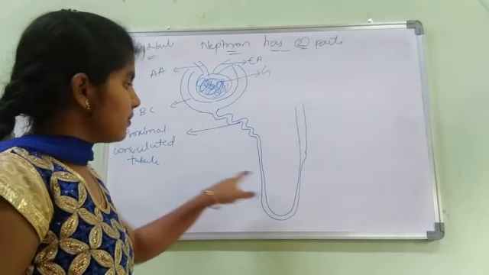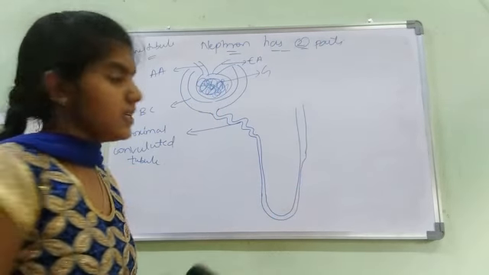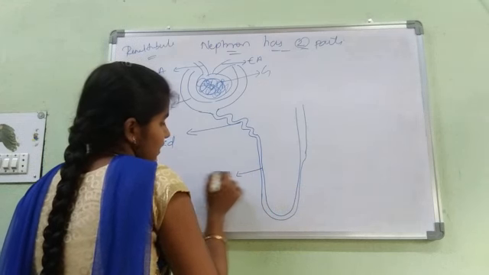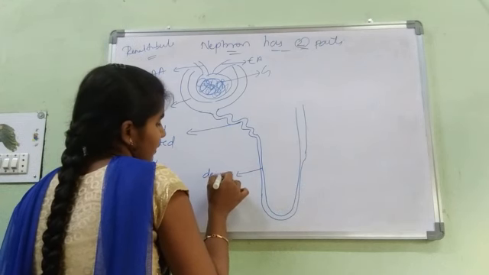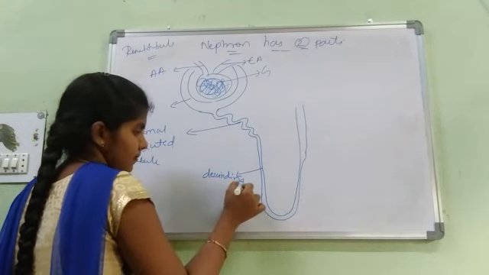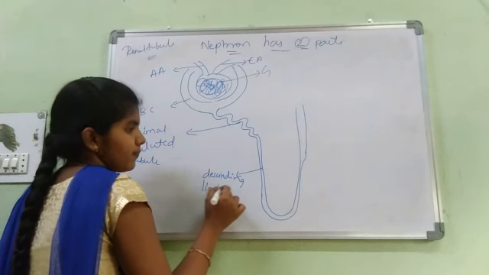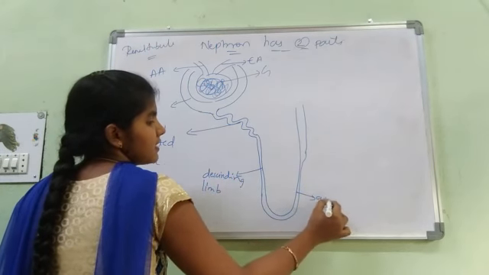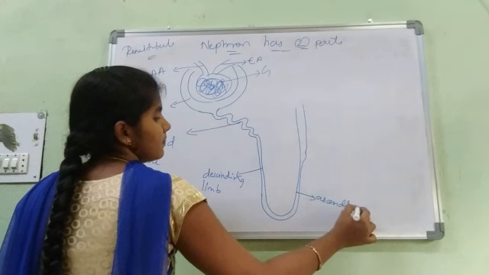This hairpin shaped loop of Henle has two regions: this is the descending limb of loop of Henle and this is the ascending limb of loop of Henle.